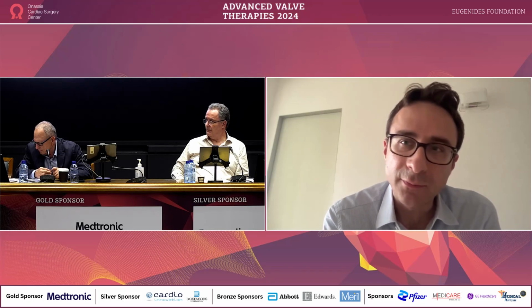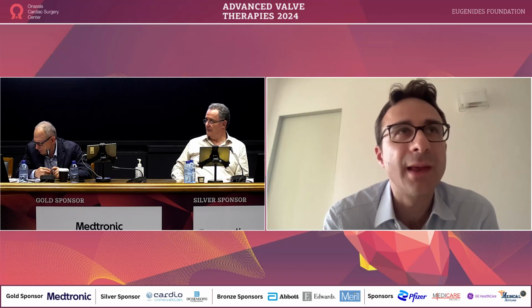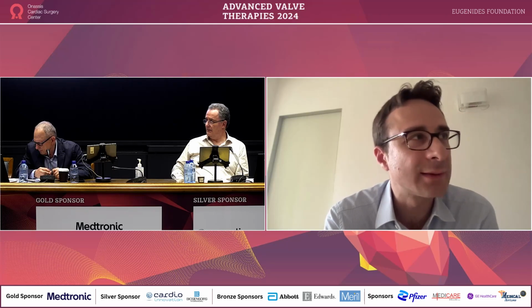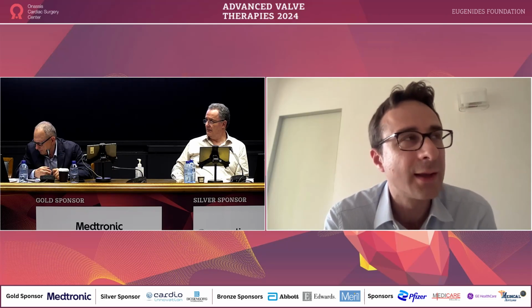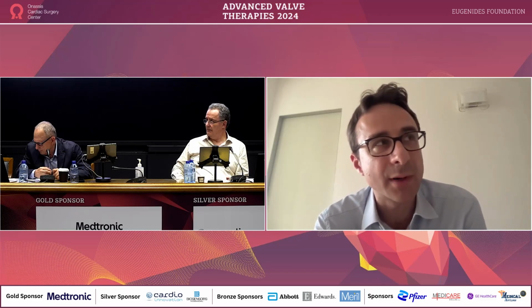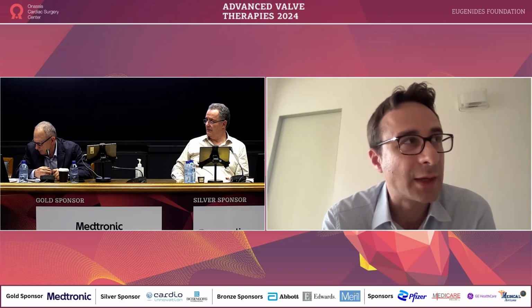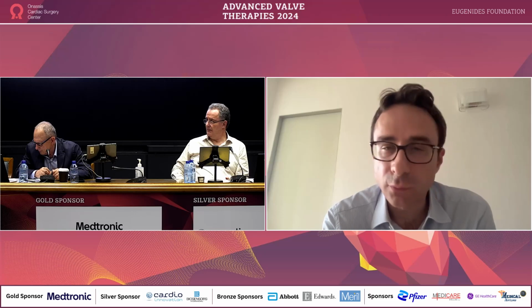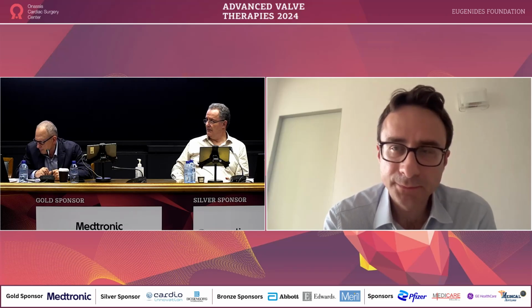So for your specific question, I'm not sure the Omega adds something more to the Amulet device, but other devices like Lambre, with special dimensions of the disc and the lobe, can be useful in specific anatomies.